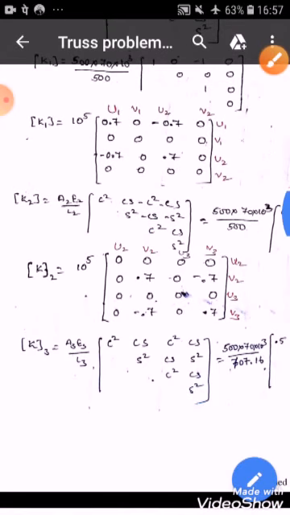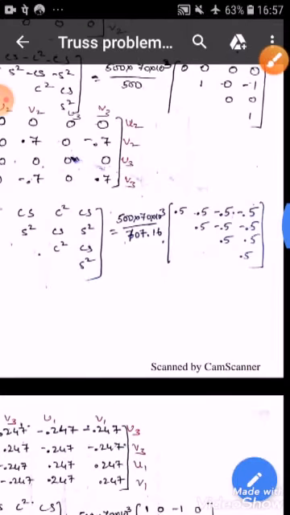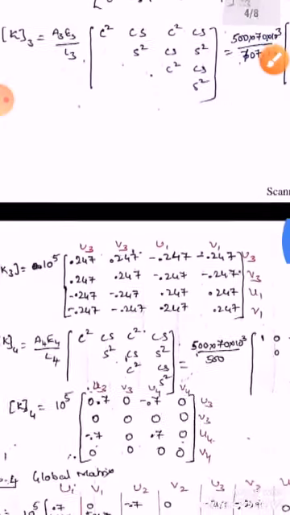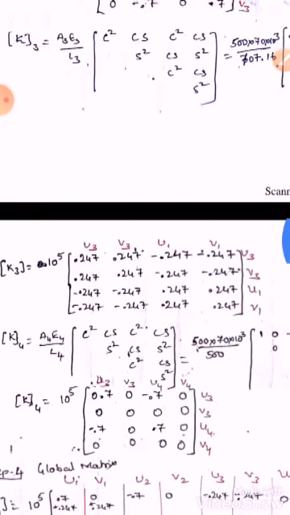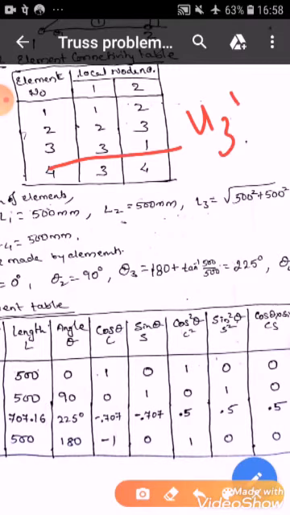Similarly, determine the element stiffness matrix for the third element, A3 E3 by L3, C square, CS, and substitute those values. Carefully substitute the positive signs and negative signs. Remember this table: element 3 is between 3 and 1, so its displacement will be U3 V3 first and then U1 V1.